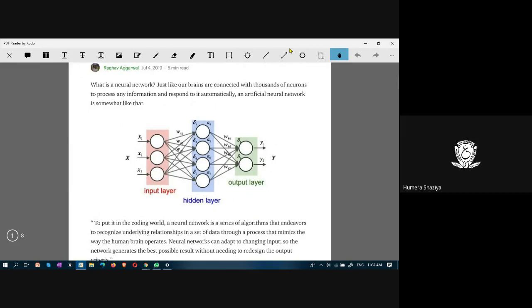If you recall, this is a neural network: input layer, hidden layer, output layer, and every connection has a weight, and every node has two operations: sum operation and activation function.